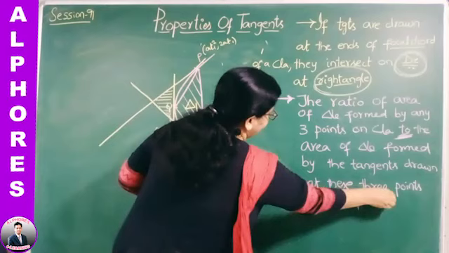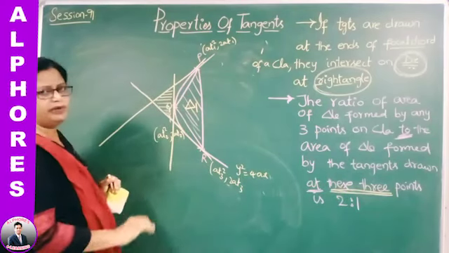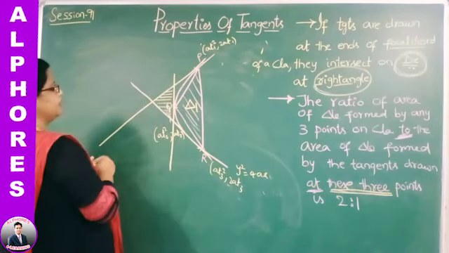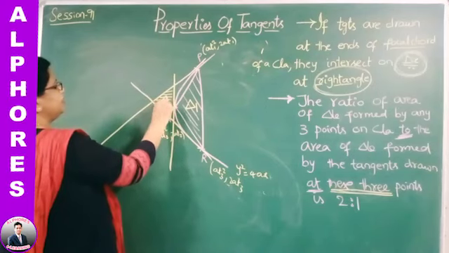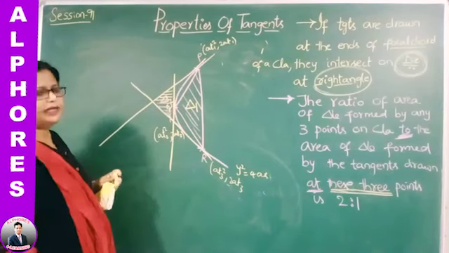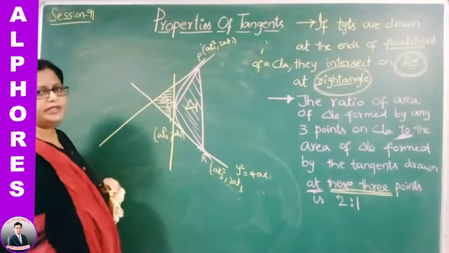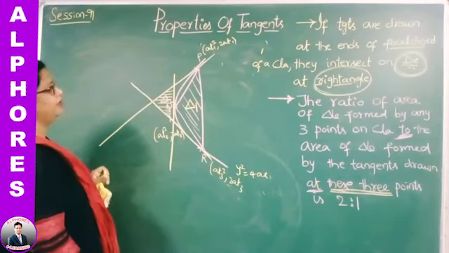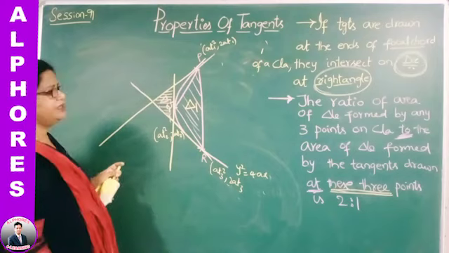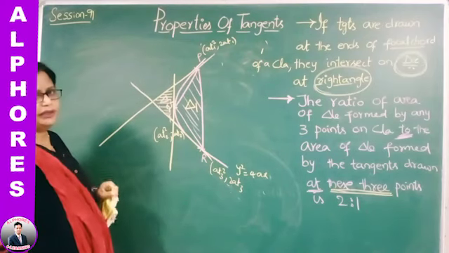They are asking about the ratio of those areas. Suppose I take this as delta 2, then delta 1 divided by delta 2 is nothing but the 2:1 ratio. Now let us prove it, very easy, just the concept of determinants.